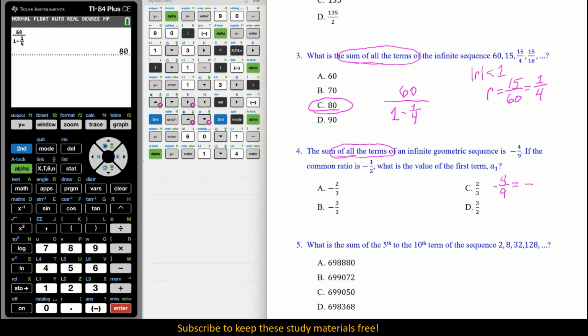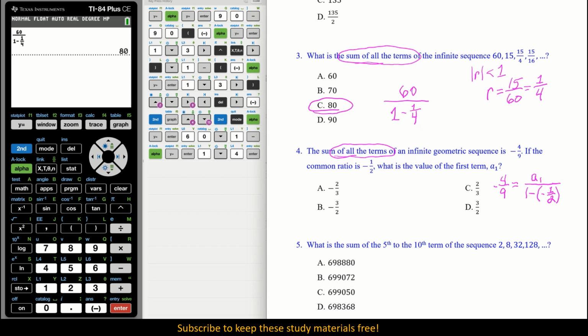And now that's going to equal, let's see what we have. If the common ratio is negative a half, what is the value of the first term, a sub 1? So we have a sub 1, which we don't know, and then 1 minus a negative half. All right, let's just put that in our solver.